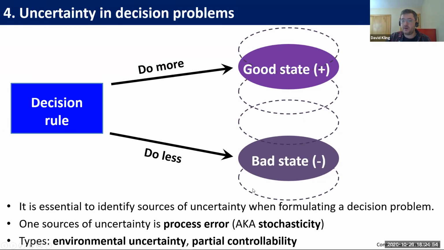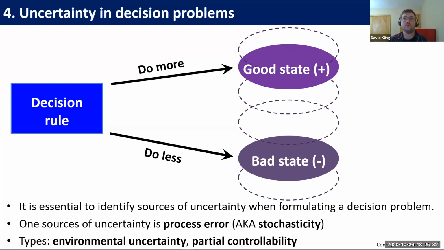A related source of uncertainty is partial controllability, sometimes referred to as implementation error. The idea there is that the source of uncertainty is not an exogenous forcer like weather, but, in a fishery management context, a noisy relationship between a harvest limit you set and the actual harvest that occurs, for a variety of reasons.